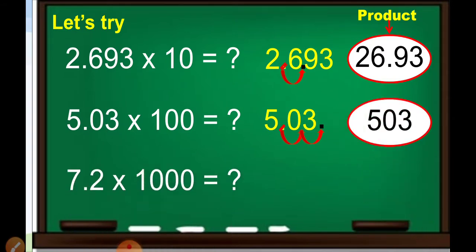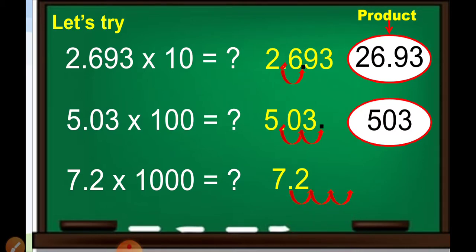Another example, 7.2 times 1000 is equal to blank. So let us write again 7.2 and count the number of zeros in 1000, and there are 3 zeros in 1000. So we will move the decimal point 3 places to the right. So let's move 1, 2, and 3.